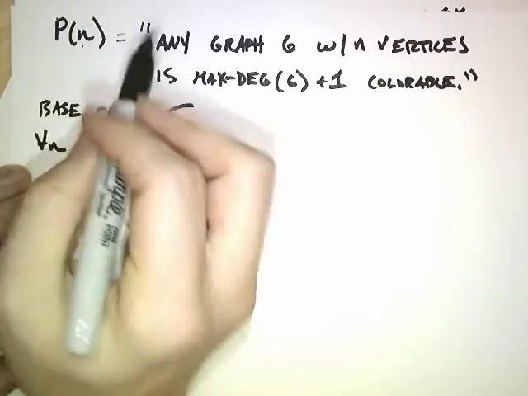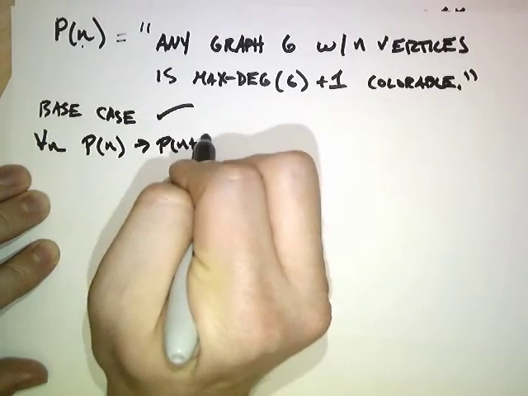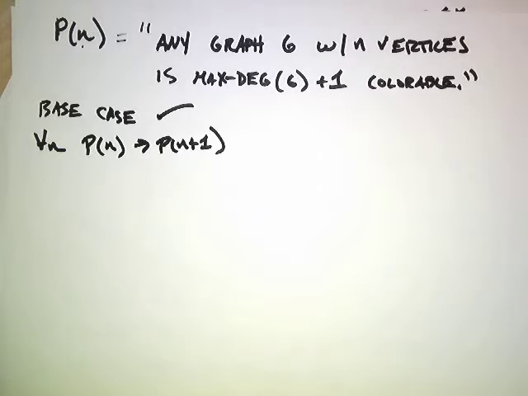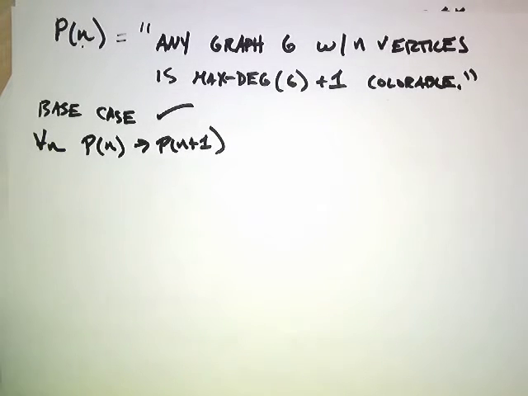And then we need to prove that for all n, P of n implies P of n plus 1. What does this mean? Well, we're allowed to use as a fact that any graph with n vertices is max degree G plus 1 colorable. And we need to prove that any graph with n plus 1 vertices is max degree G plus 1 colorable, where G has n plus 1 vertices.